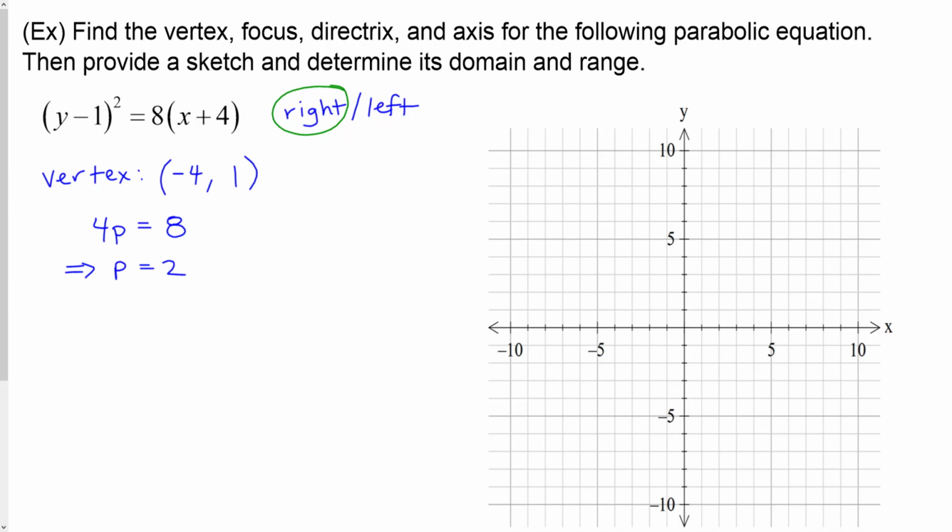So the vertex is at -4, 1. And the value of p is 2. So 2 units in front of my vertex is the focus, and 2 units behind is the directrix. And my directrix this time is going to be going up and down.